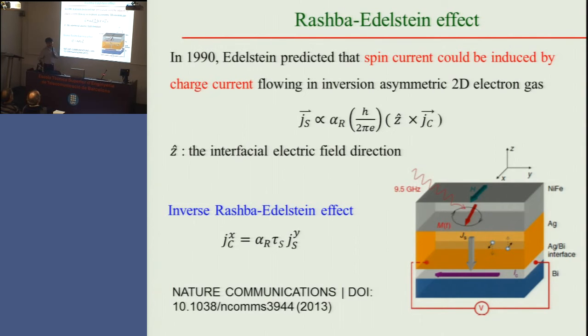That is the Rashba-Edelstein effect, which might be very similar to the inverse spin-Hall effect. Remember, for the inverse spin-Hall effect I said something similar: spins are injected, and because spins are oriented by strong spin-orbit interactions, they accumulate on one side. We measure the transverse voltage across the sample.